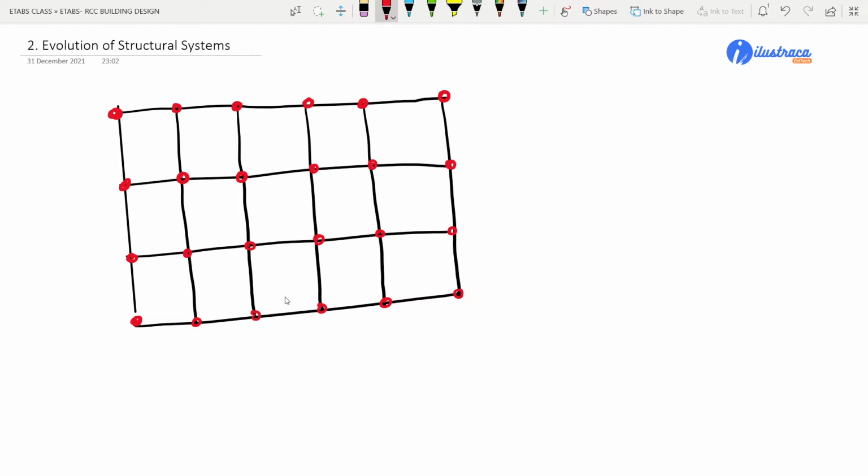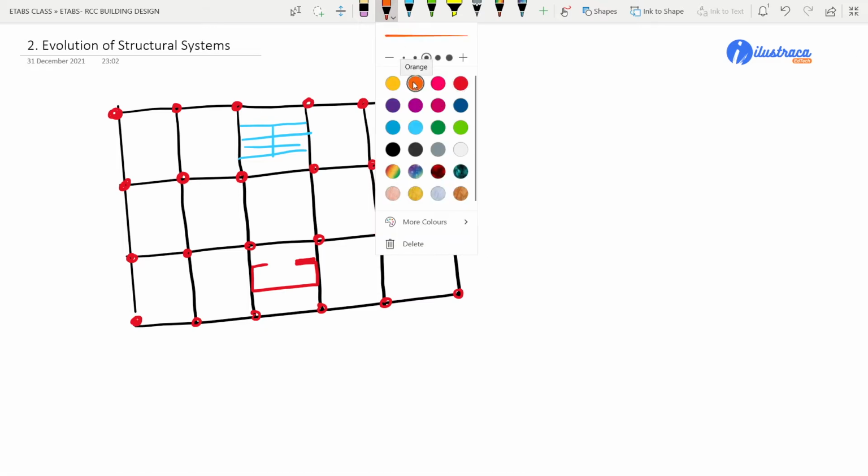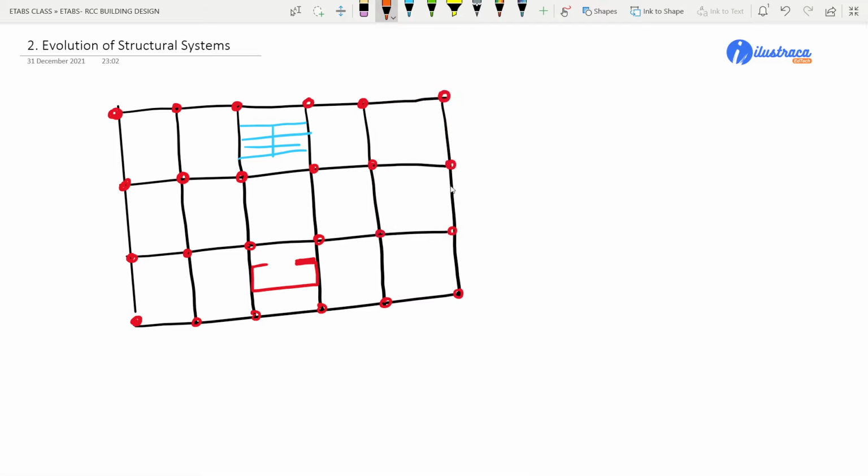Suppose in this area we have a lift shaft where the lift will be coming. I'm just drawing roughly, and maybe here we have the staircase. So this is a corridor, and these are the rooms.